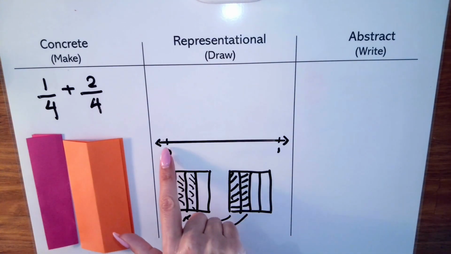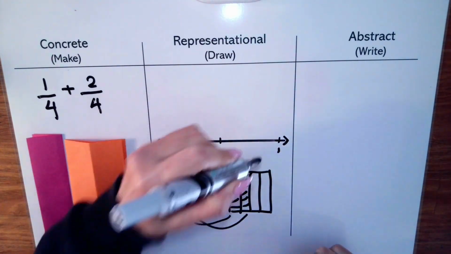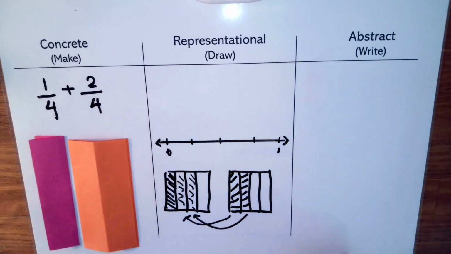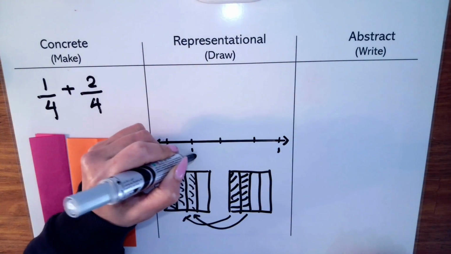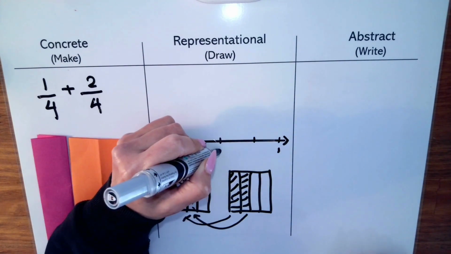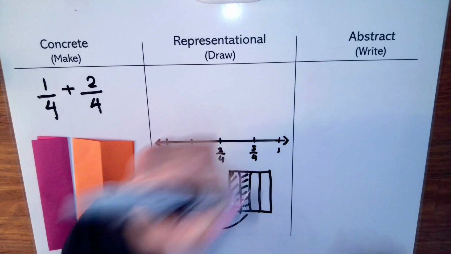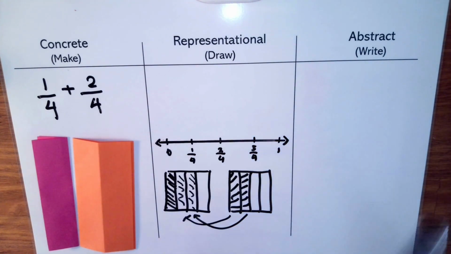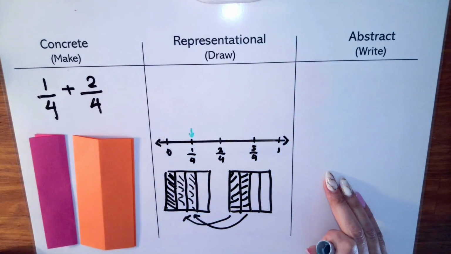So they're dealing with quarters. I'm going to partition my number line into quarters like this, and label my number line like that, and then I'll get them to start doing addition on their number line.